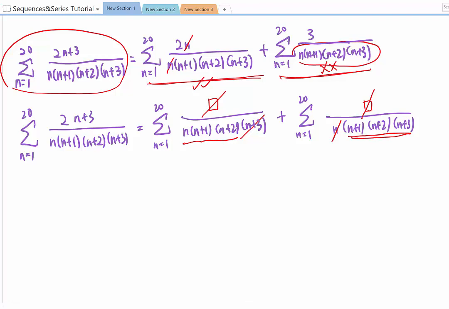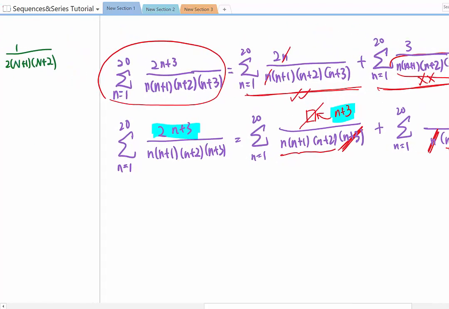This means to say that perhaps I can fill in this blank here with n plus 3 so that I can cancel off with n plus 3, and perhaps I can fill this up with n so that I can cancel off with n. And then we are able to work with a series with terms consisting of 3 consecutive factors in the denominator. Interestingly, we do realize that n plus 3 plus n actually gives us 2n plus 3. So maybe this is how we can approach the question.